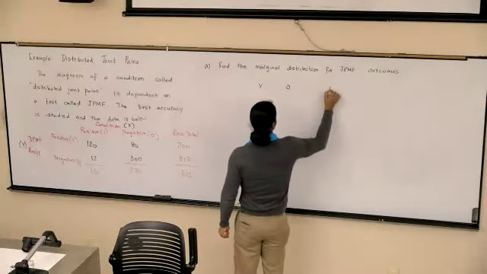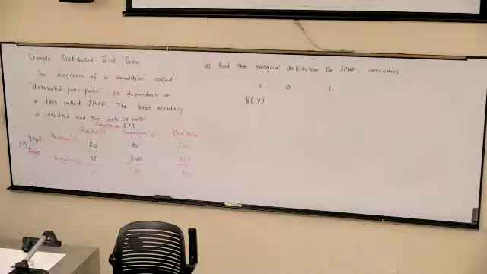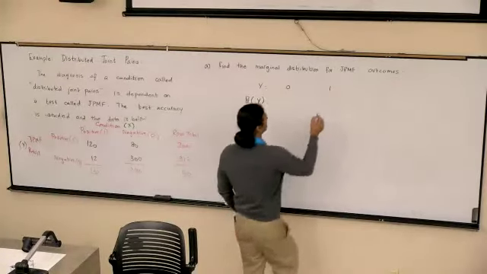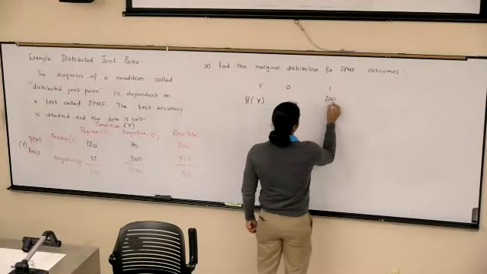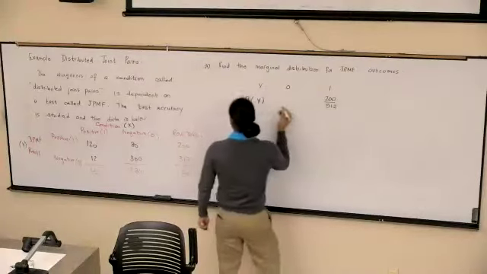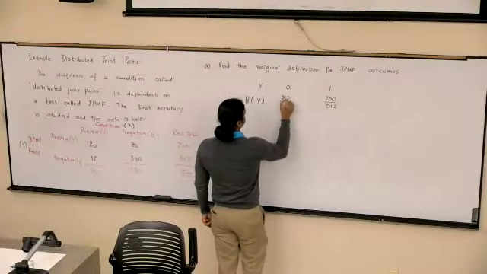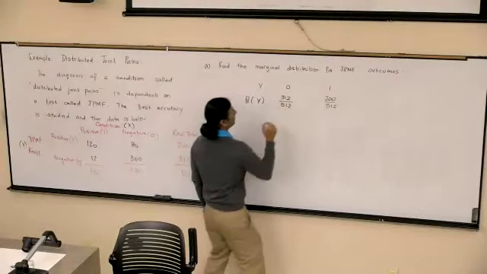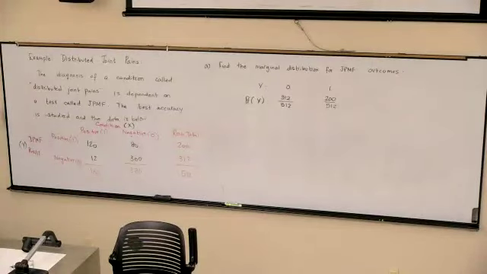Next, we want to find the probability of Y to get the distribution. For 1, it is 200 over 512. For 0, it is 312 over 512.